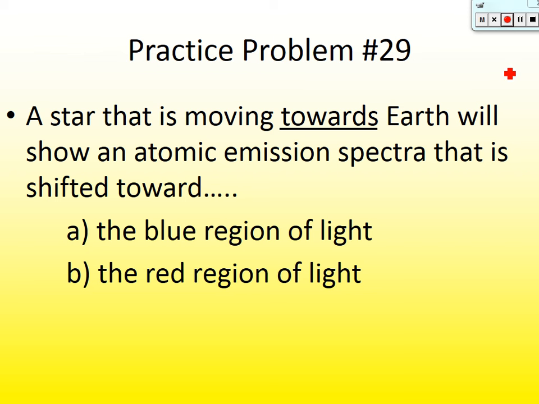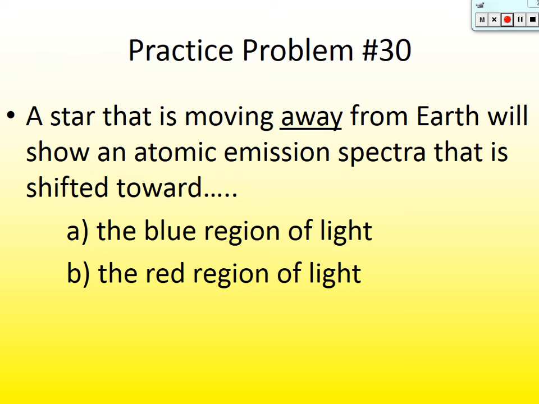Now if you're moving towards Earth, are you going to have a higher or lower frequency according to the Doppler Effect? Higher frequency. Which color has a higher frequency? Blue. So you're going to see a blue shift if it's coming at us. It's going to be blue shifted.